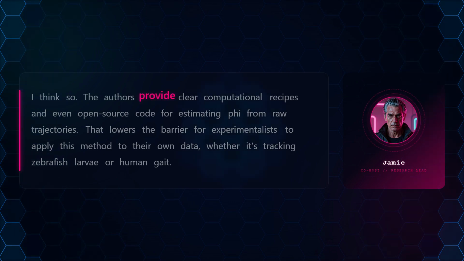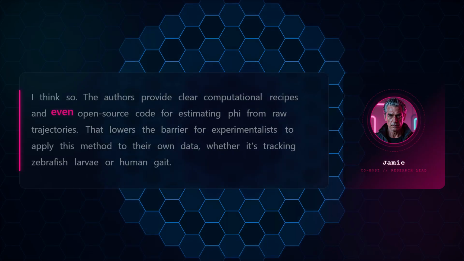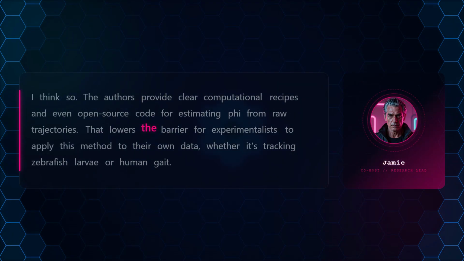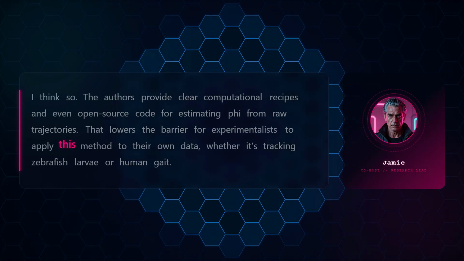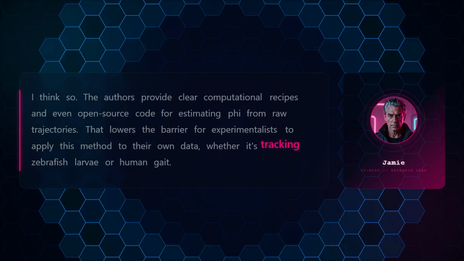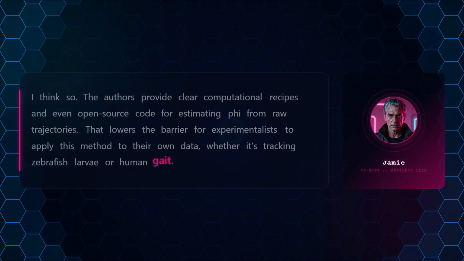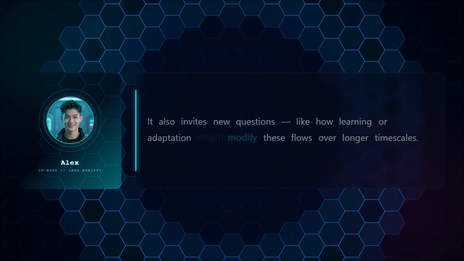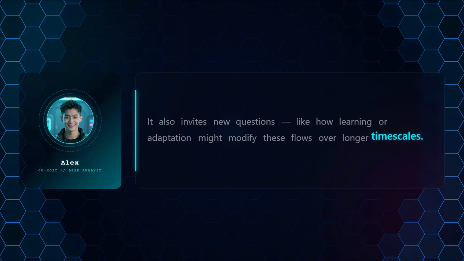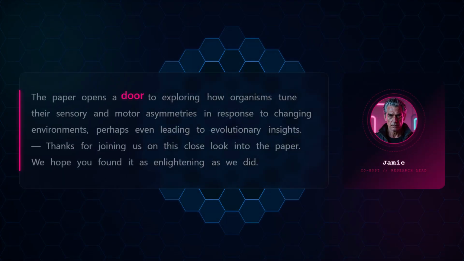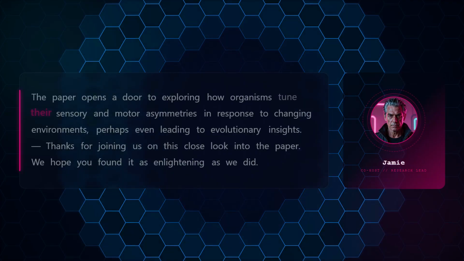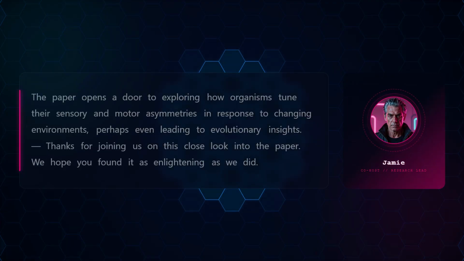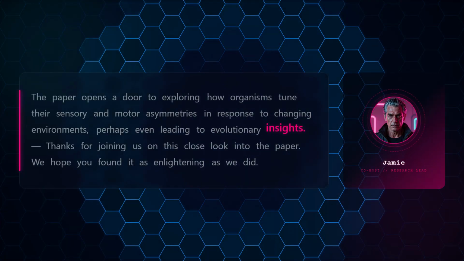The authors provide clear computational recipes and even open-source code for estimating phi from raw trajectories, which lowers the barrier for experimentalists to apply this method to their own data, whether it's tracking zebrafish larvae or human gait. It also invites new questions, like how learning or adaptation might modify these flows over longer timescales. The paper opens a door to exploring how organisms tune their sensory and motor asymmetries in response to changing environments, perhaps even leading to evolutionary insights.